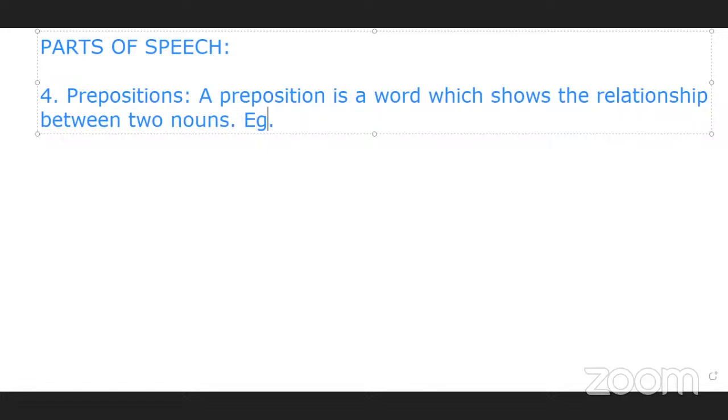So like the examples you gave, you said under. When there is a cat and there is a table, you know a cat is a noun, a table is a noun. And the cat is under the table. You are telling us the relationship between the cat and the table.